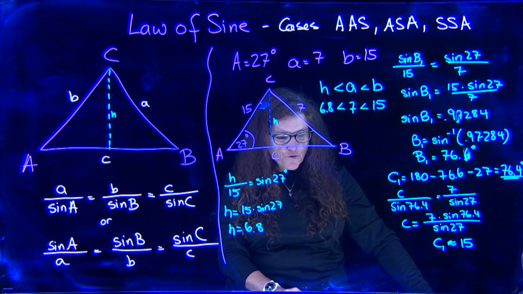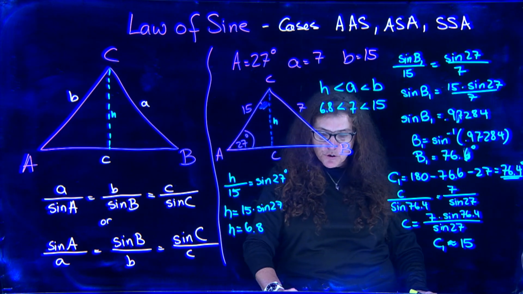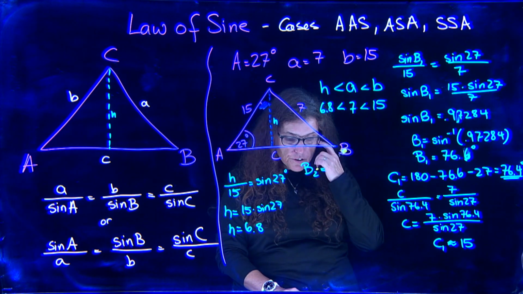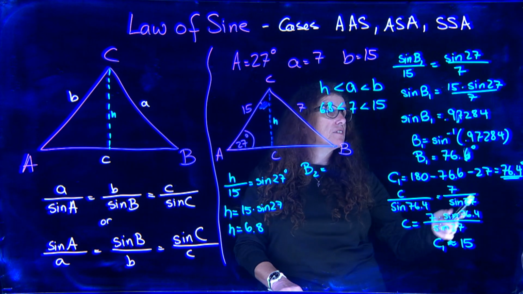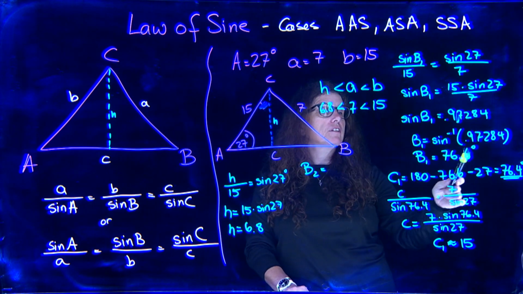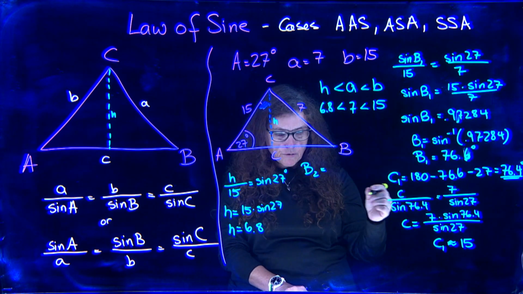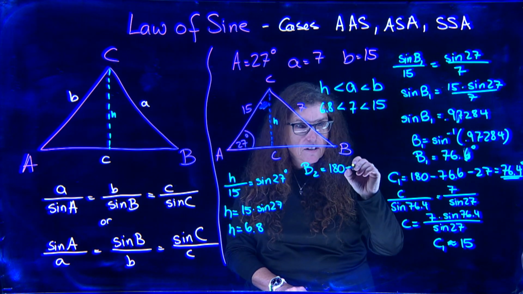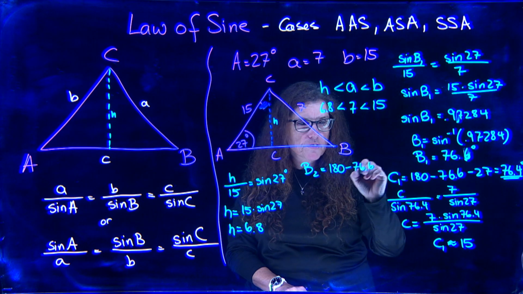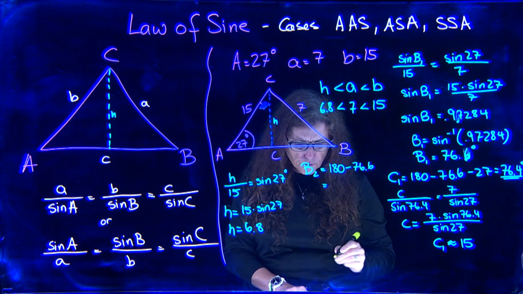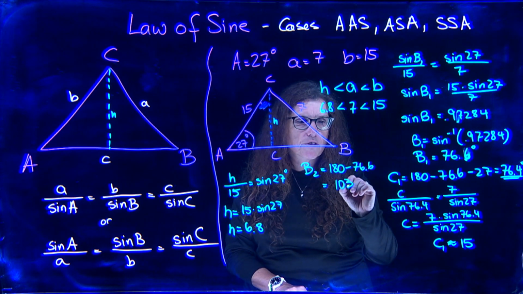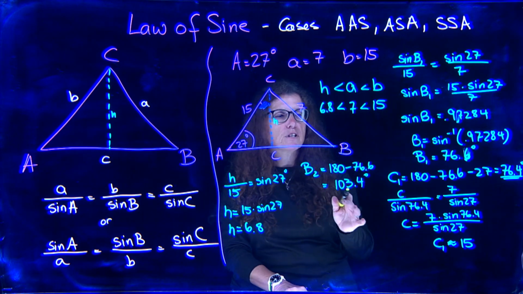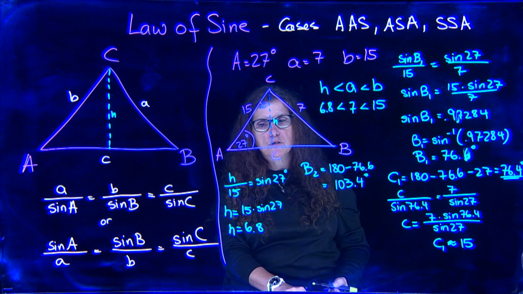Now let's find B2. To find B2, we're using the 76.6, right here. We're going to say 180 minus 76.6, and that is equal to 103.4. So 103.4 for the angle B2.